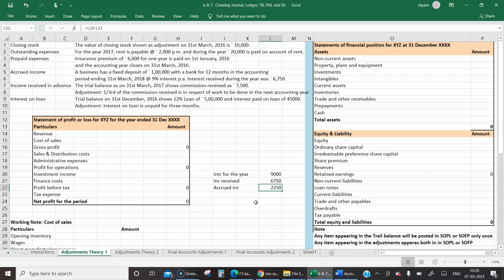See, this 2,250 is income, and it has not been received, so it will be considered as an asset. So you could put accrued interest, this number here, as an asset. The value would be 2,250. This 2,250 has to be received for this income year itself.